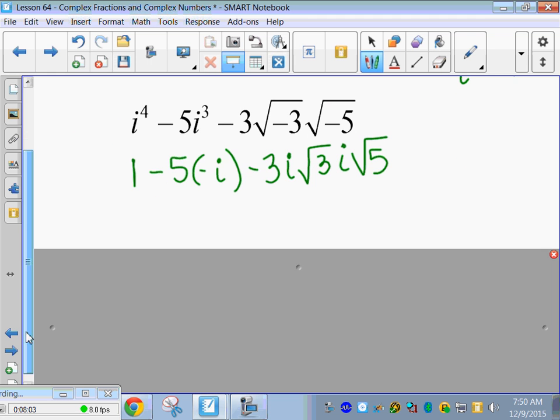All right, so let's keep on keeping on. So I have a 1, and I'm going to multiply these together, and Nate in the back, what do I get here? +5i. All right, and now I have I times I. So let's go ahead and make this I squared, which we will change here in a minute. And we can go ahead and now multiply the 3 times the 5, so I get root 15.